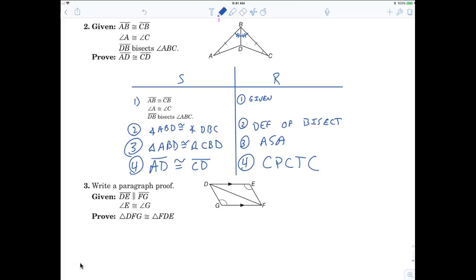It's called corresponding parts of congruent triangles are congruent. So once you say the triangles are congruent, then what? All of their corresponding parts are congruent. Right now, we only have 3 parts congruent. Does everybody agree with that? CPCTC stands for corresponding parts of congruent triangles are congruent.